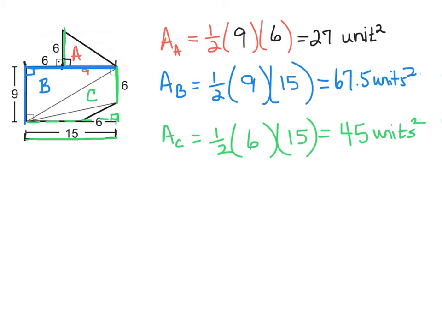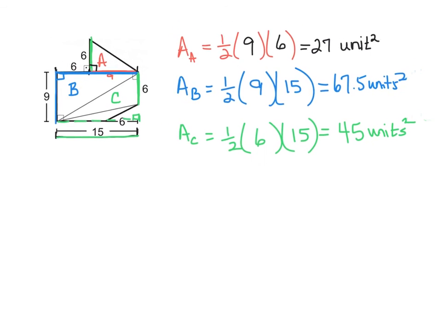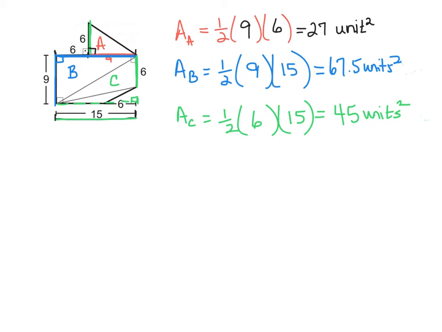Okay, let's now find the area of triangle D. Our formula is 1/2 base times height. My base is this right here, so that would be 15 minus 6, which is 9. So my base is 9.